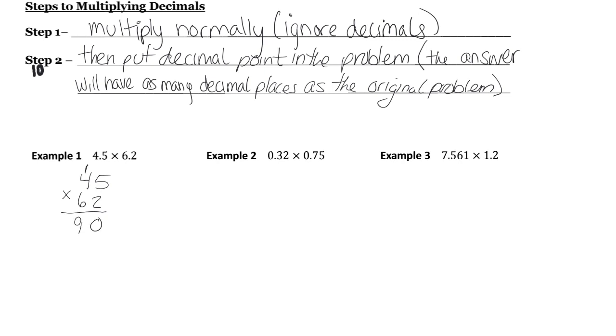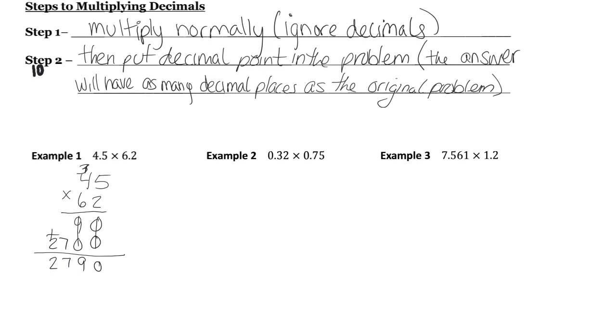That's 8, 9. Plus sign, filler 0. 6 times 5 is 30. This becomes a 3. 6 times 4 is 24, plus 3 is 27. Add everything up. We have 2790.